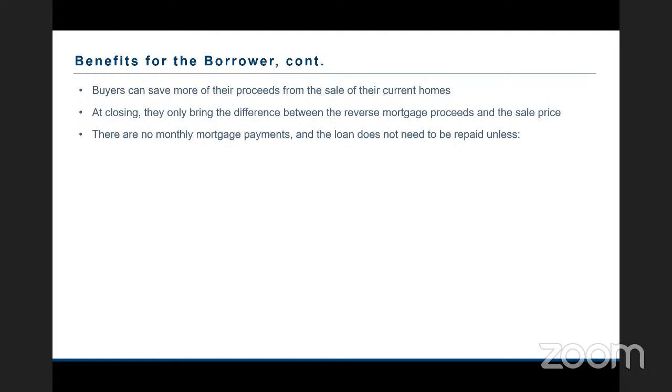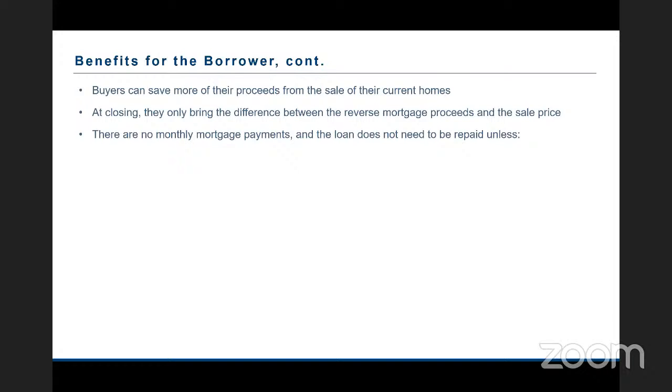And at closing, they only bring the difference between the reverse mortgage proceeds and the sales price. So think of that in terms of a traditional mortgage and a traditional purchase. With a traditional purchase, you have the sales price, and then you have the mortgage, and what remains is the down payment. Once again, we call that an investment.